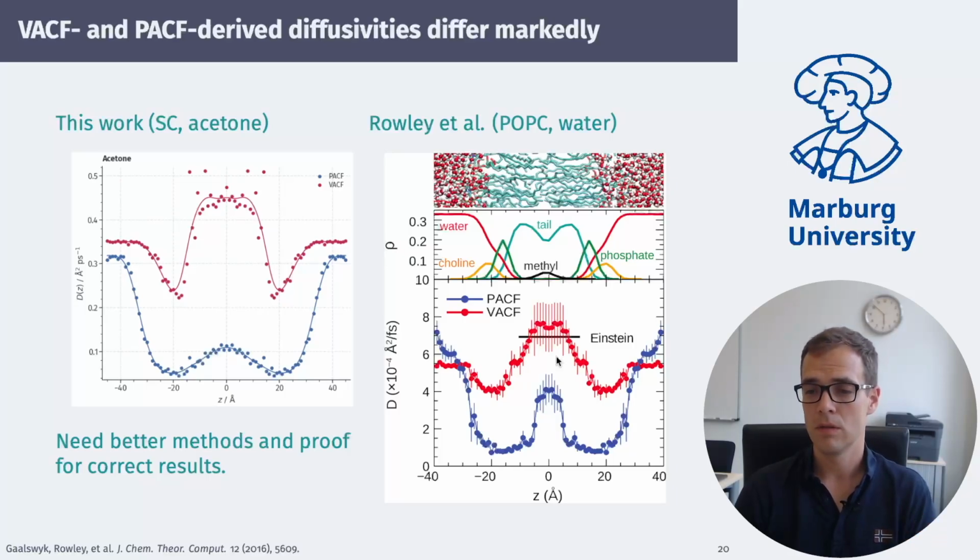In order to use it, you must make the assumption of having a nearly constant diffusivity, and that assumption will only work reasonably well if your particle can't move too far away from the center, because this is where the diffusivity starts dropping. So I'm not perfectly convinced that this is the final answer, which brings me to the point that we need better methods, and most of all, we need proof for whether or not a result is correct.